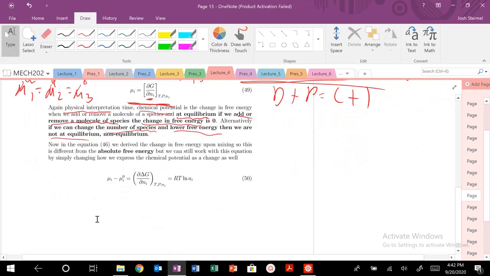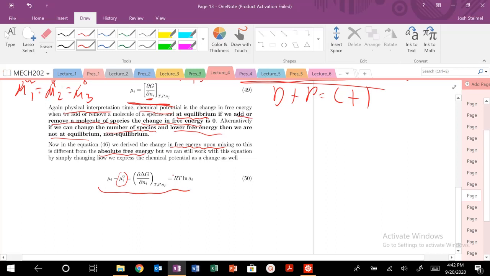So we derive the free energy of mixing, which is a little bit different from absolute free energy, but we can still use this equation. I hope you remember this from chemistry. We can relate the change in the chemical potential in some system, mu i naught, which is your initial state, and we can relate this function to the activity.